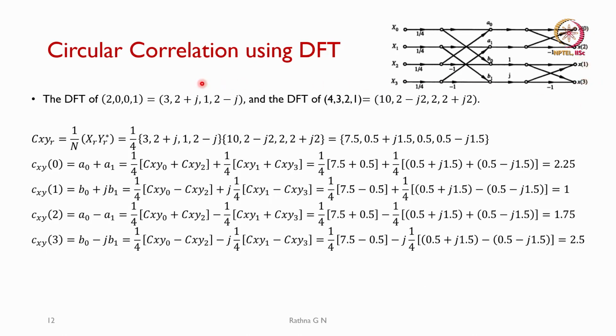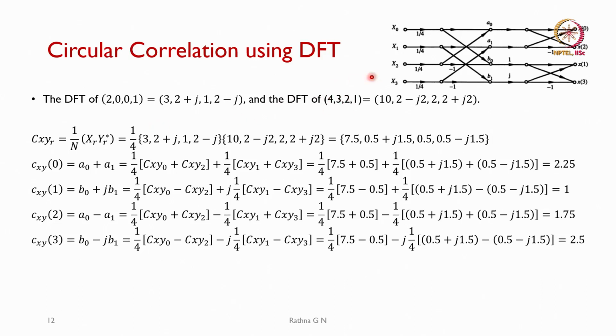We calculated the DFT of 2, 0, 0, 1 in the previous class, which gave us 3, 2 plus j, 1, 2 minus j. I think we have not calculated the DFT of h(n).